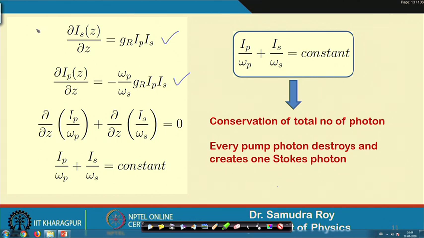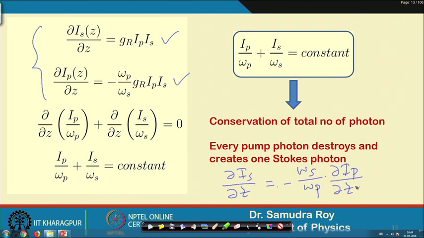These two equations tell us something. If I replace this G r I p I s, then d I s by d z, and G r I p I s I will replace from this equation, it will be minus of omega s by omega p d I p by d z.